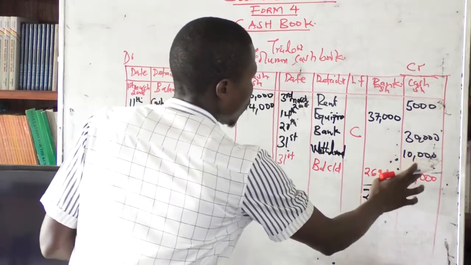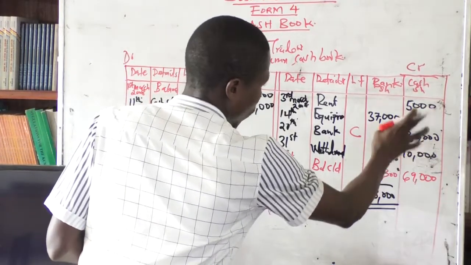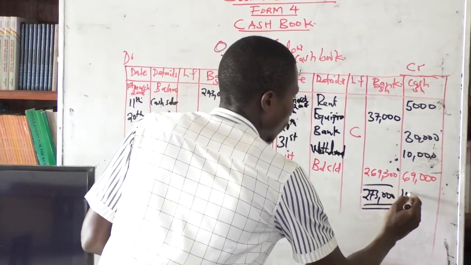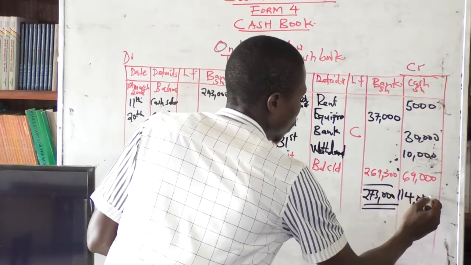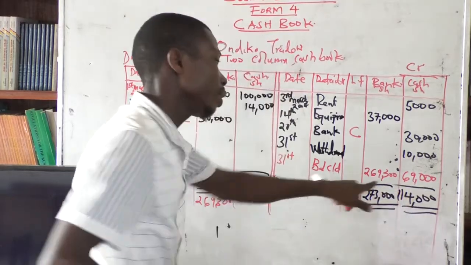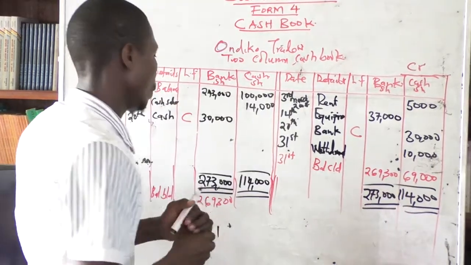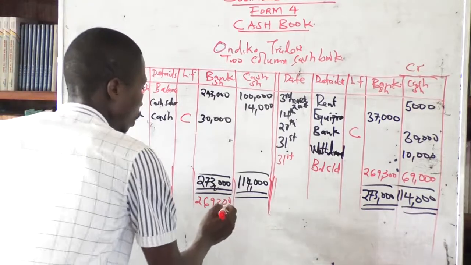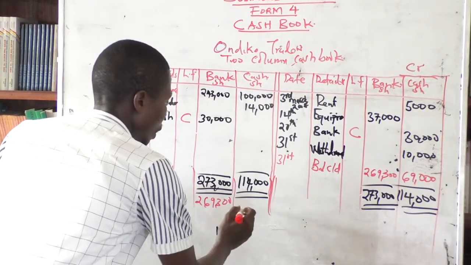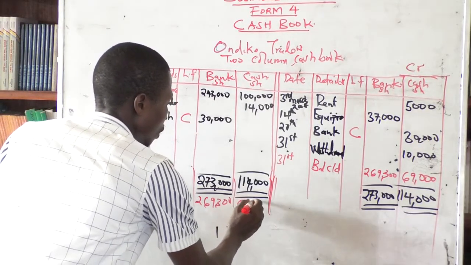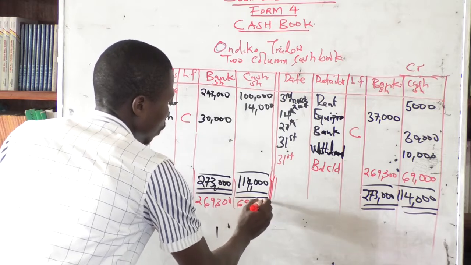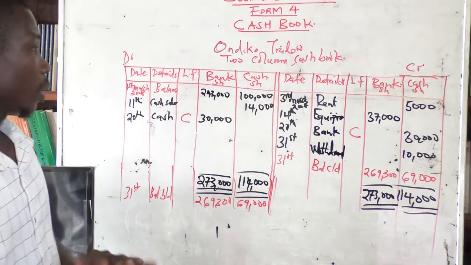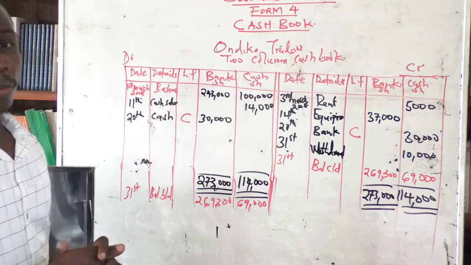So 69, if you had this, which is 45 plus 69, you're going to have 114,000. Then the same 69, we are going to bring it here as a balance brought down. The money that they were having in the business when it was winding up, so it's going to be 69,000. So we are through with that. That's the 2-column cash book.